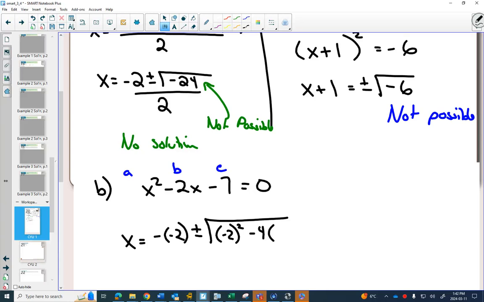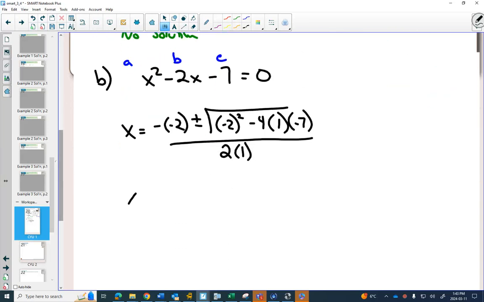Minus 4, A was 1, C is negative 7, over 2 times 1. And we get x is equal to 2 plus or minus the square root of, this will be 28 plus 4, 32 over 2.